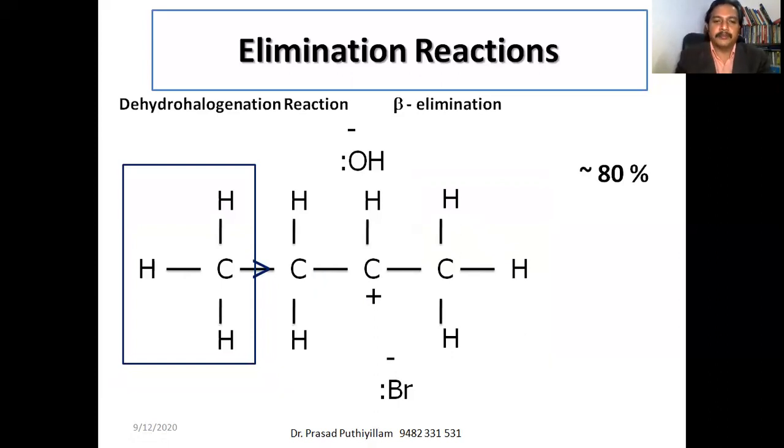Now the possibility of hyperconjugation, that is H becoming H plus, is more in the case of the carbon on the left side, which is connected to another methyl group.